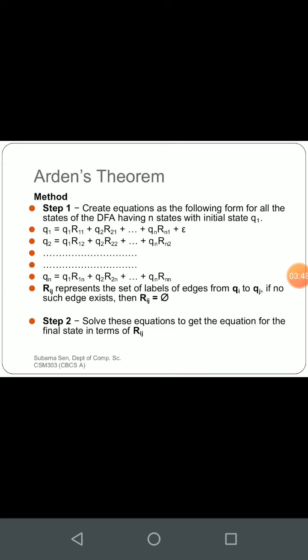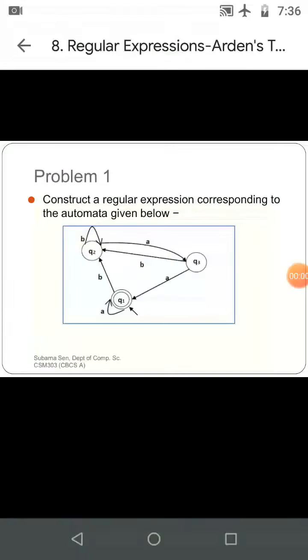If there is one transition coming from Q2 to Q1, it will be R21. In this fashion you can do. And remember one thing, for our initial state we have to include the empty string. This is the assumption. Next, for Q2 similarly you can do this, and we will come out with the ultimate generalized expression. Fine. So now let us see an example.